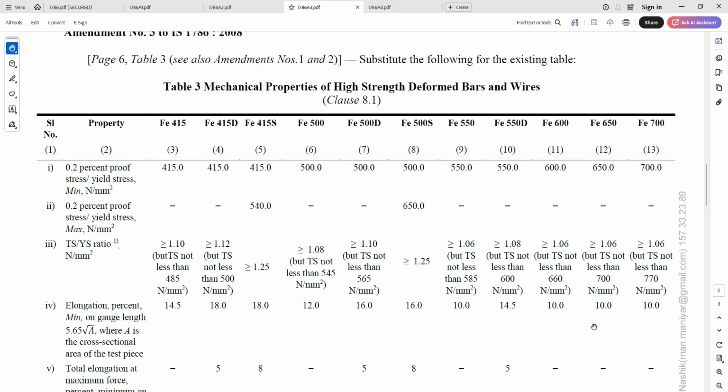So for a place like Delhi, I would suggest Fe550D. Mumbai depends on the cost premium. You can decide Fe550 or Fe550D. And if you are in Bangalore or Hyderabad, you really don't need Fe550D. You can look at Fe550. This way you can take your decisions, and achieve the maximum benefit out of it. So thank you very much.